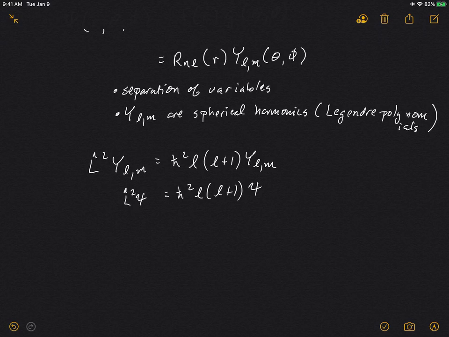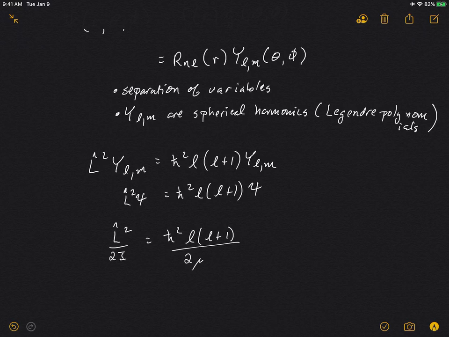Okay, so then the angular part in our Hamiltonian looks like L squared over 2I, and we can replace that with h bar squared l times l plus 1 over 2 mu r squared.